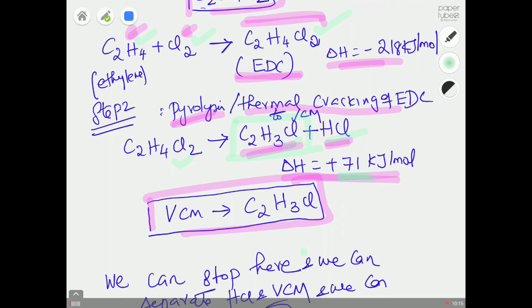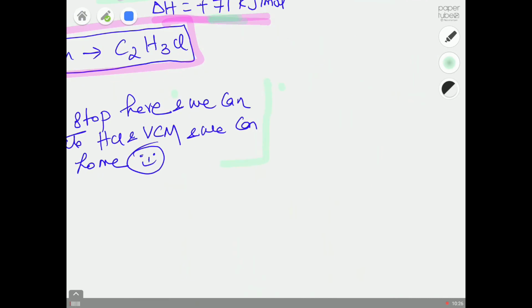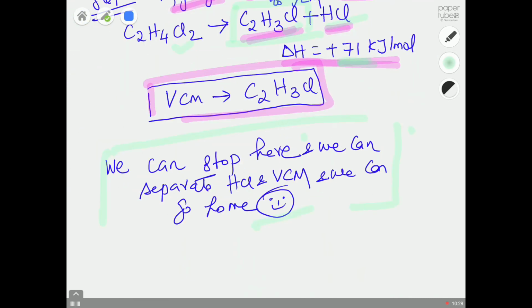Yeah? So if you want, we can just separate vinyl chloride monomer from the HCl, and then we can stay happy. Yeah? So that's what I mentioned here. If you know how to separate vinyl chloride monomer from the hydrochloric acid, we can separate and then we can stay happy and we can go home, but that's not our objective.